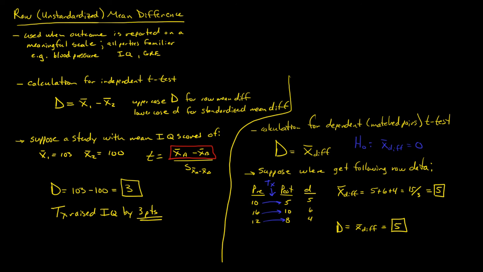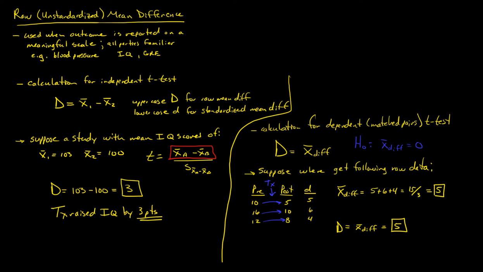Maybe one looked at survival rate, and the other looked at activities of daily living, and you wanted to see if there were similar treatment effects on those 2 outcome variables using the same cancer treatment drug. In that case, you can't use the raw unstandardized mean difference score anymore. You have to make it unitless.